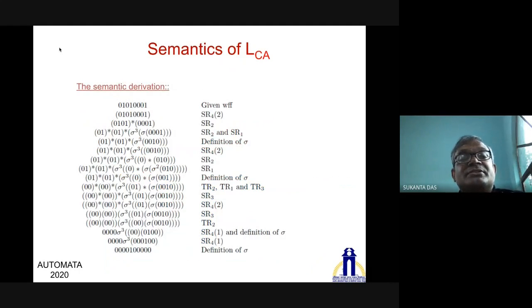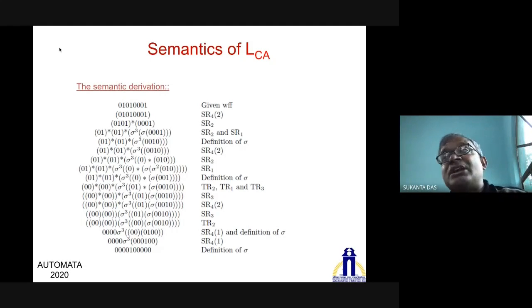This is a semantic derivation. Suppose, as I've said, this is the V of alpha, 01010001. See, like the previous derivation, we put the first bracket. So I have used SR42. In fact, we have chosen this example in such a fashion that both match.